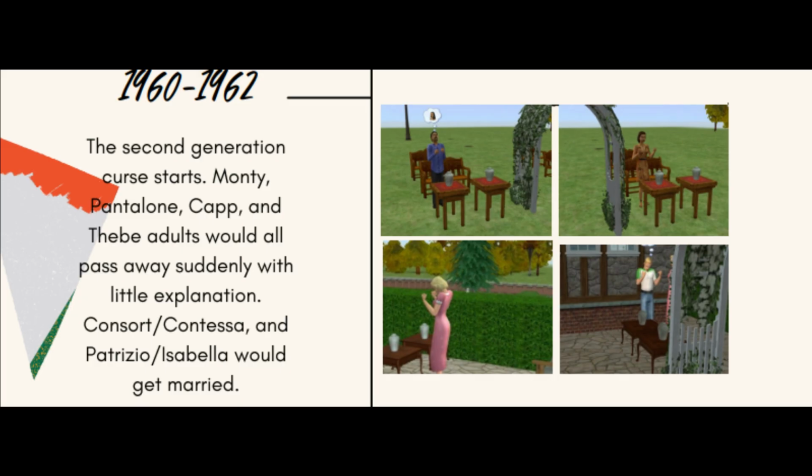Obviously, this left the four of them very rigid and heartbroken, and they would all get married soon after this, officially becoming Capps and Montys, with Consort Thebe being Consort Cap and Isabella Pantalone being Isabella Monty, officiating their two families being the main powers, with the elimination of the other ones via intermarrying. And the feud is officially on, and you'll start to see how Veronaville went downhill with the drama almost immediately.